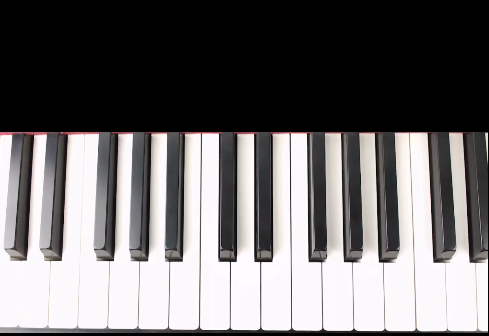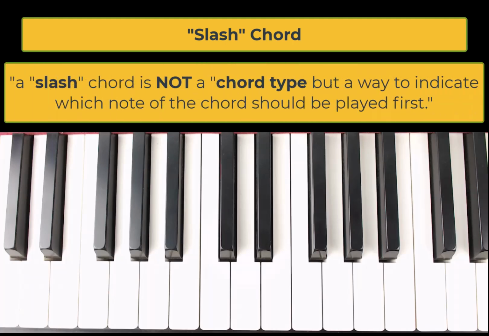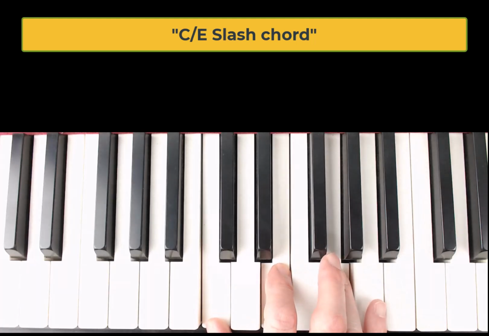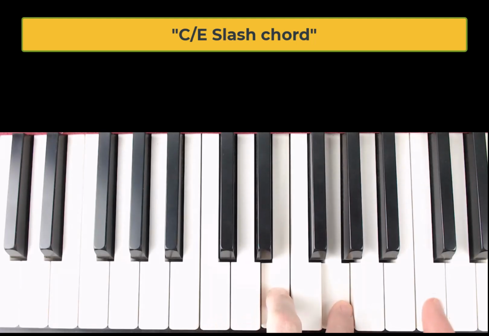And now here's our last example, a chord called a slash chord that I introduced. Remember, it's not a chord type, but just a way to indicate which note should be played first. So if we took a C/E chord, here's the C, but because it says the E note, we play the E note first, then we play the second note.